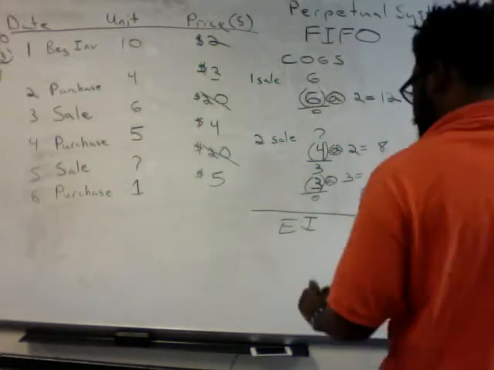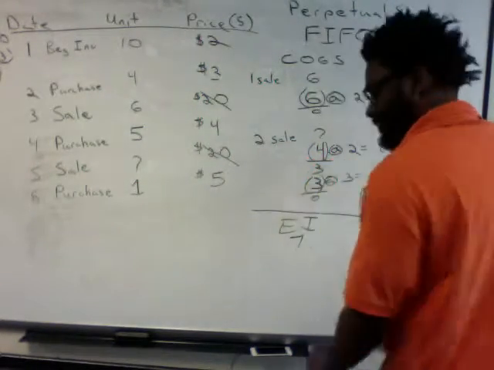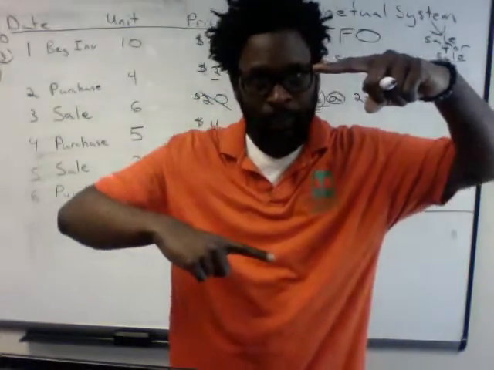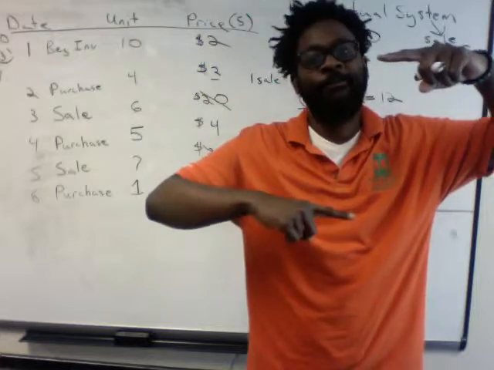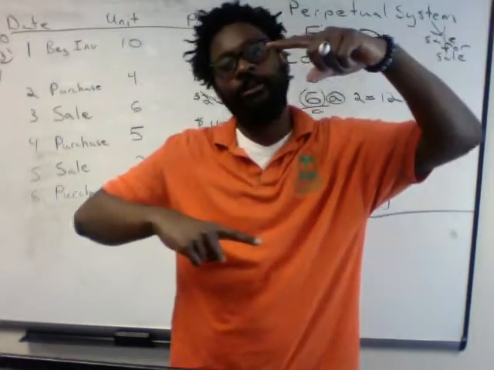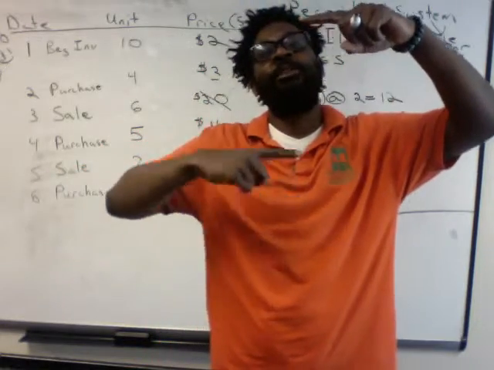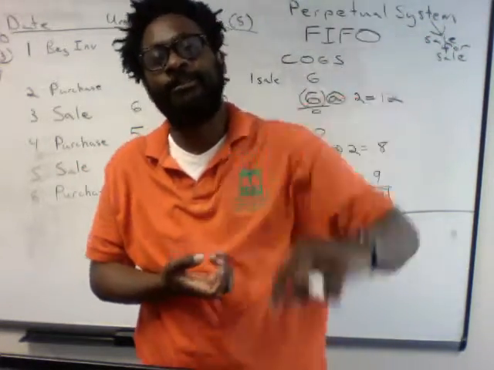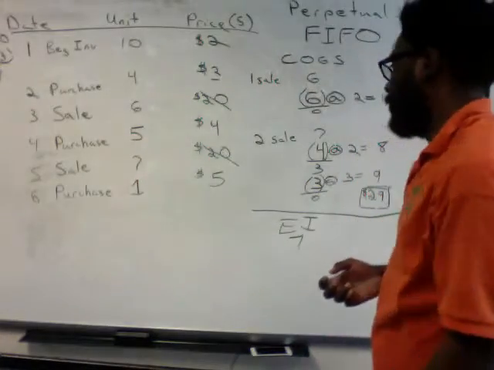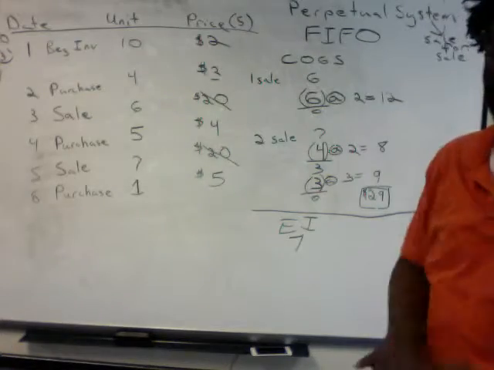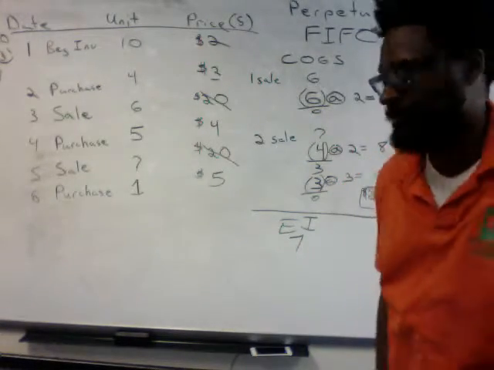And how many units are we looking for? 7. Back to my inventory list to remind you, when we're figuring out FIFO, first in, first out, now we're looking for ending inventory. Ending inventory always starts from the what? Bottom. Because we're selling everything out first. So we have to start from the bottom up to account for these 7 units that we did not sell.